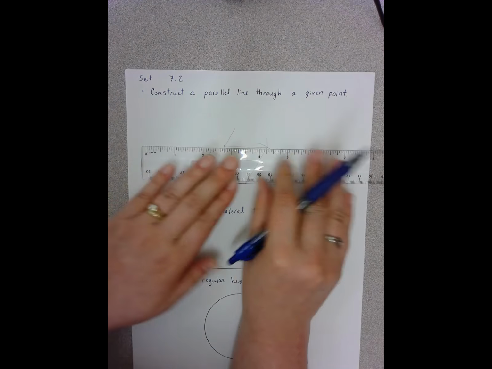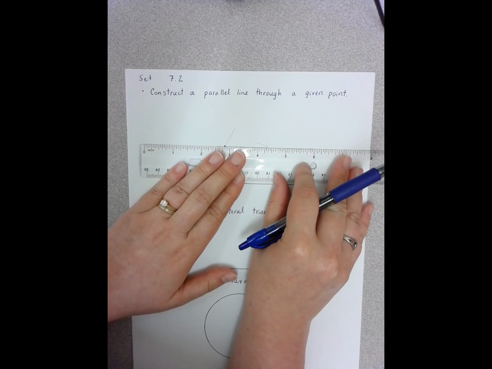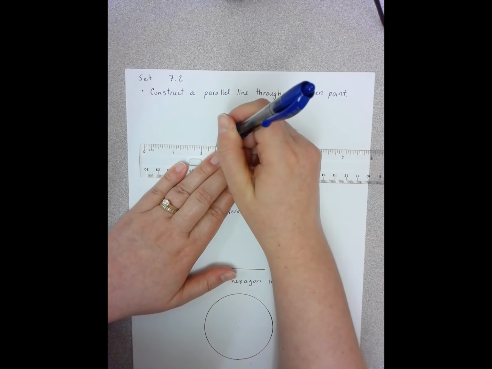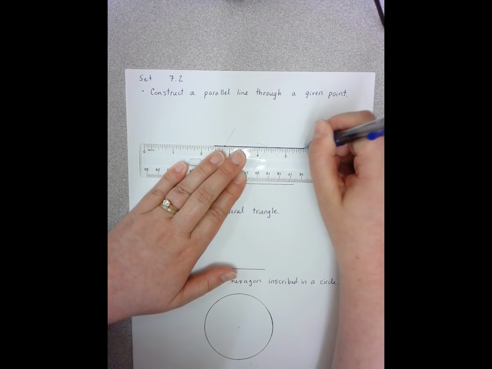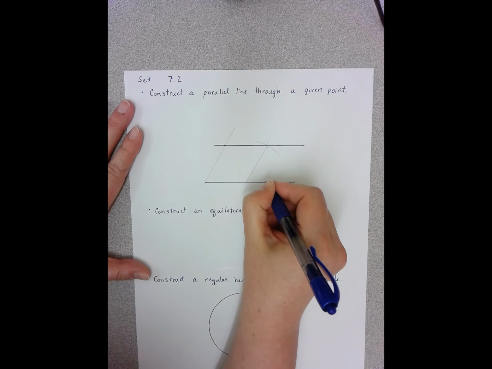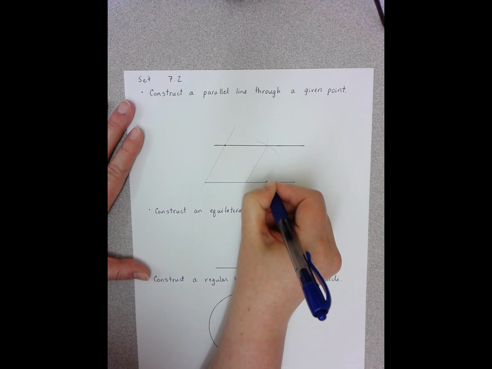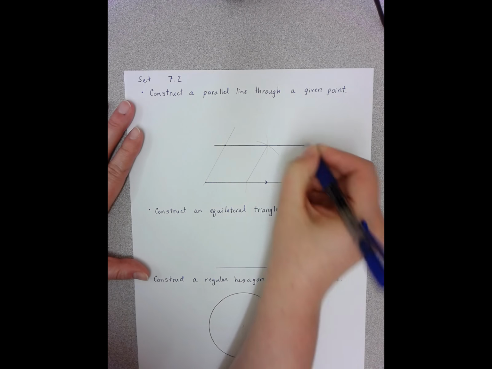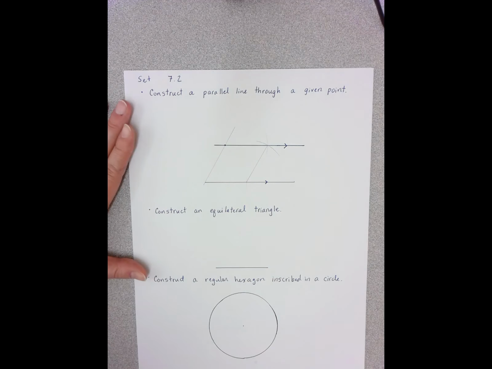So now I'm going to go back and do this in darker pen so that I am very clear about where my line is that's parallel. Depending upon what your teacher has taught you, they may have taught you that to indicate parallel, you put these tiny little arrows on the 2 lines.